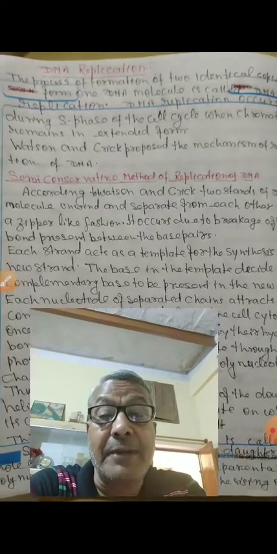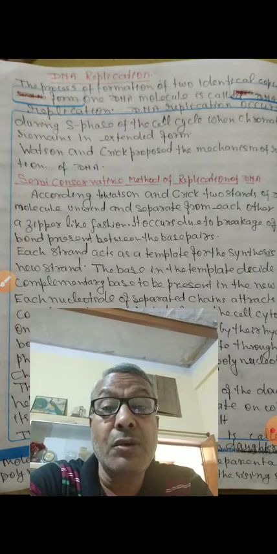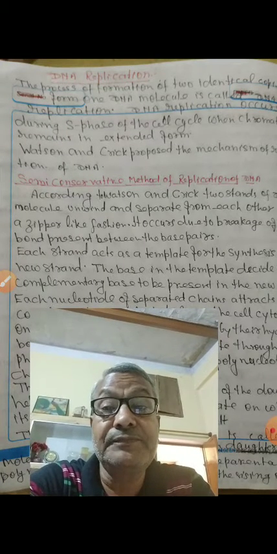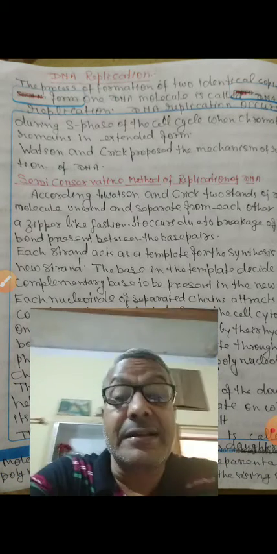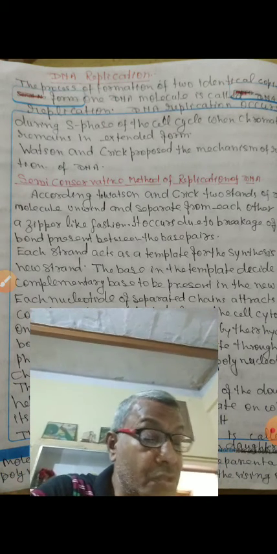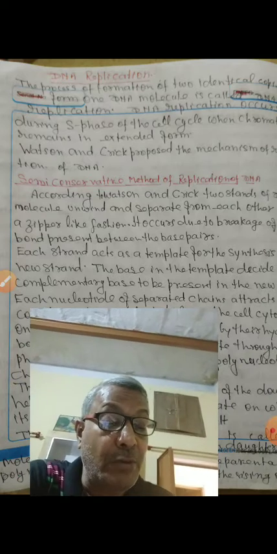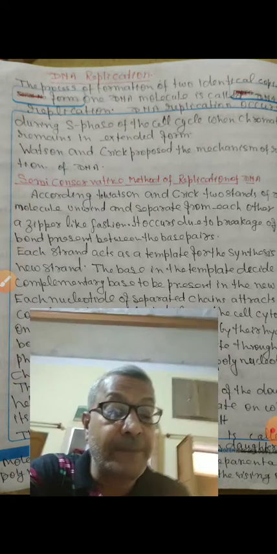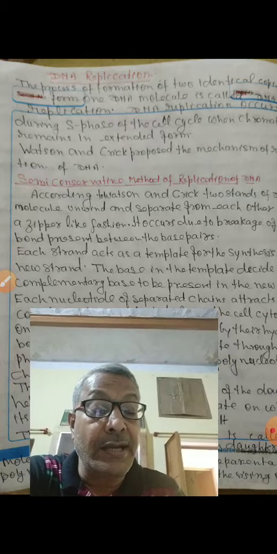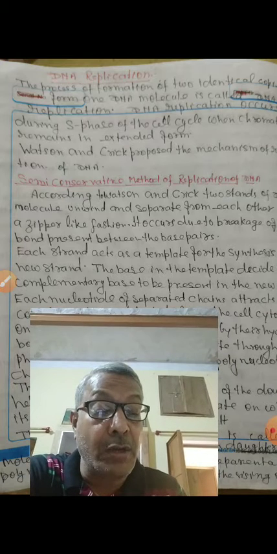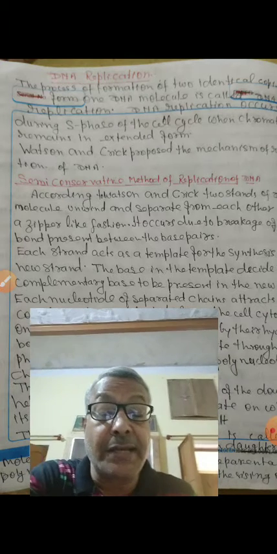This method of replication of DNA was proposed by Watson and Crick. So children, the process of formation of two identical copies from one DNA molecule is called DNA replication.